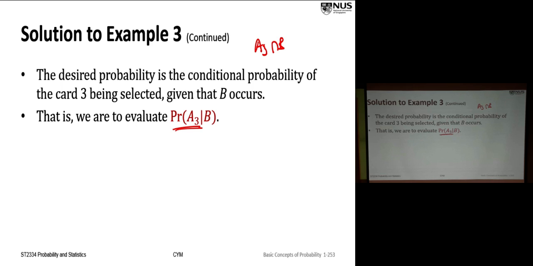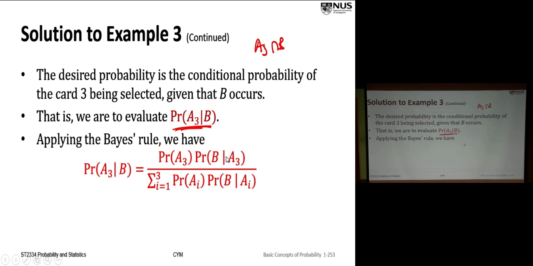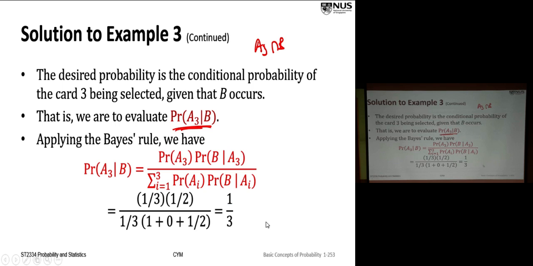But getting this probability is equivalent to saying that now I know the upper face is red color, what is the chance that the other face is black? Because this is equivalent to A3. So we work out all this, and the chance is 1/3.